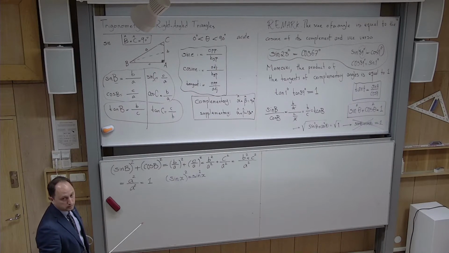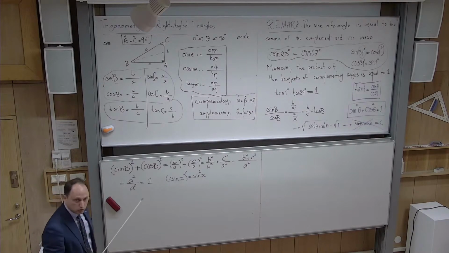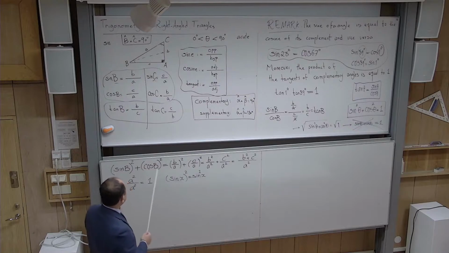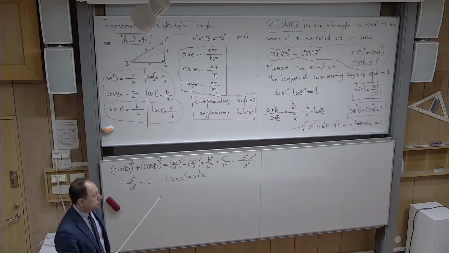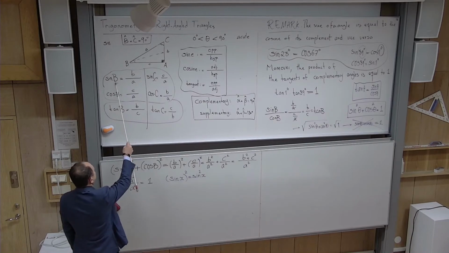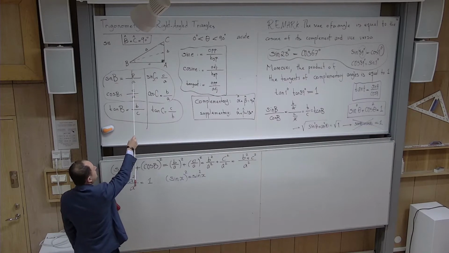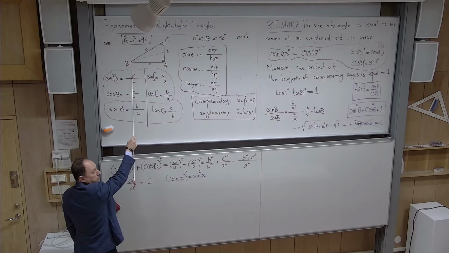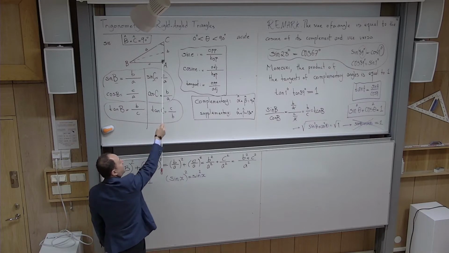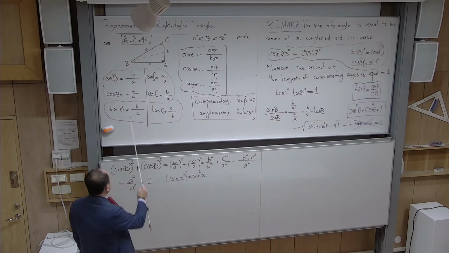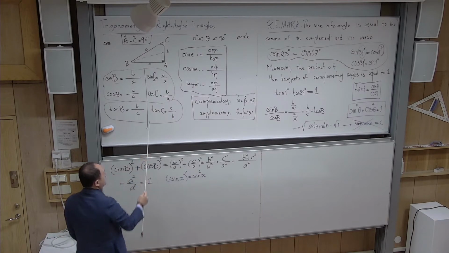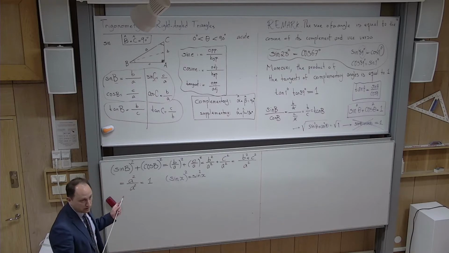No. In the right angle triangle, no. Can they be 0? No, because if, for example, this is supposed to be 0, it means the numerator should be 0. But if the numerator is 0, I don't have the triangle in the first place. So in this context, sine and cosine are strictly positive numbers, greater than 0.